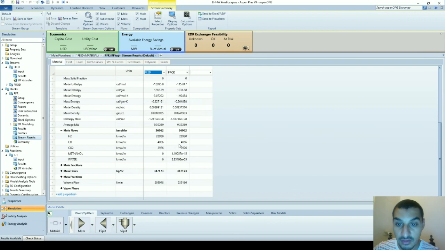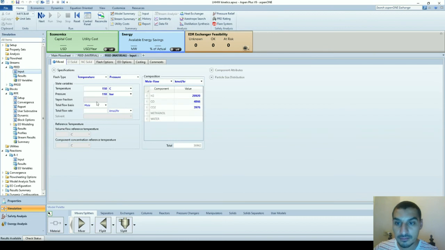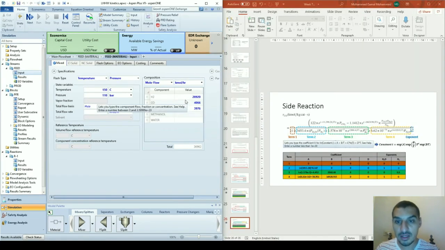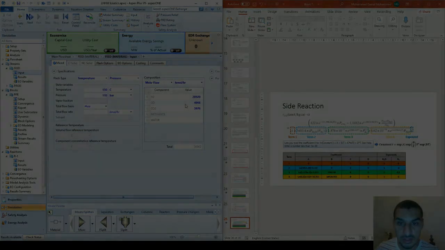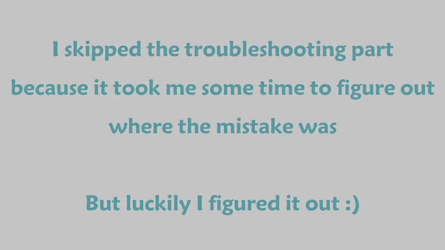Oh, we don't have any conversion. This is weird. So let's go back to the inputs and see what we have. Maybe we did something wrong. So we have the hydrogen, carbon monoxide, carbon dioxide. These are the feed.